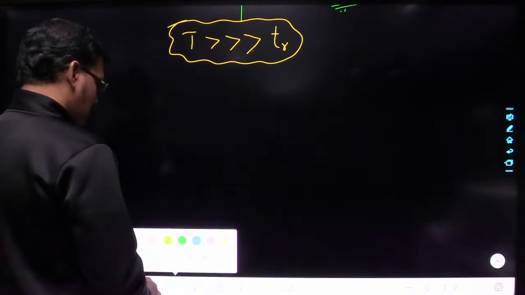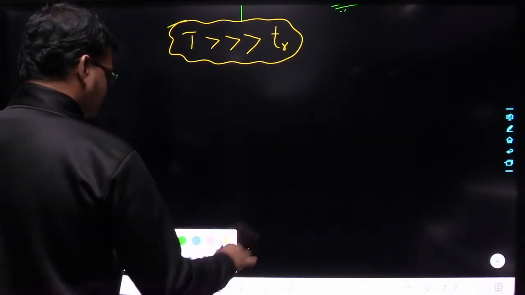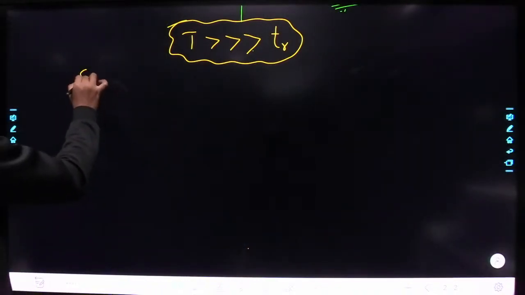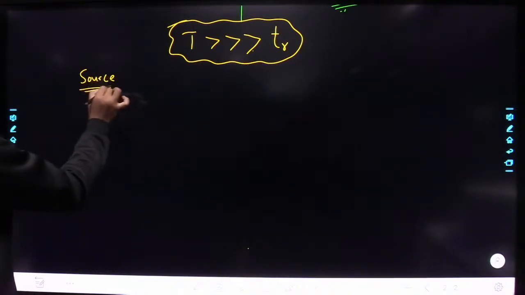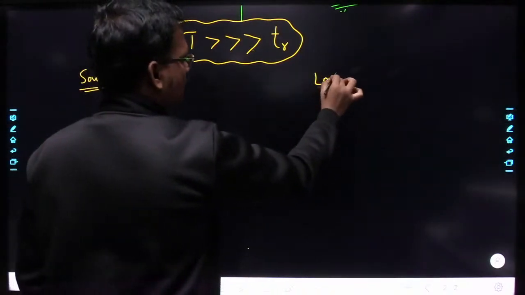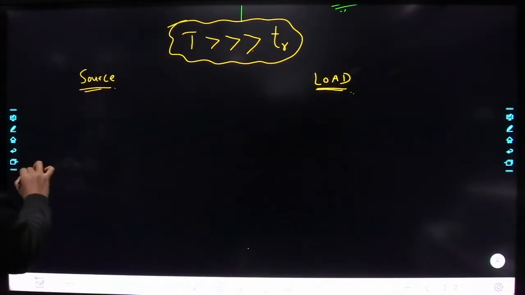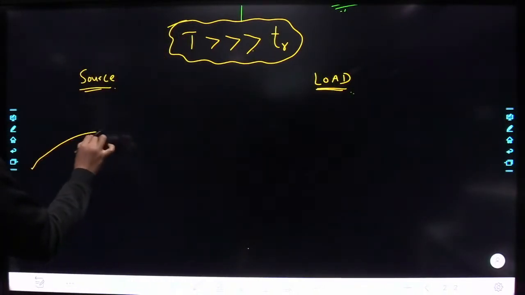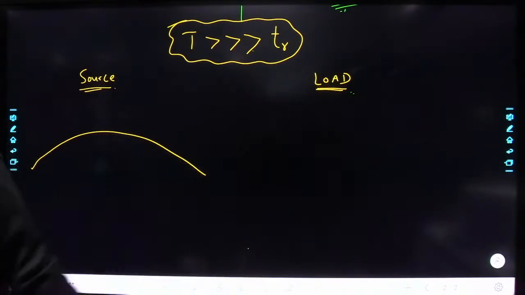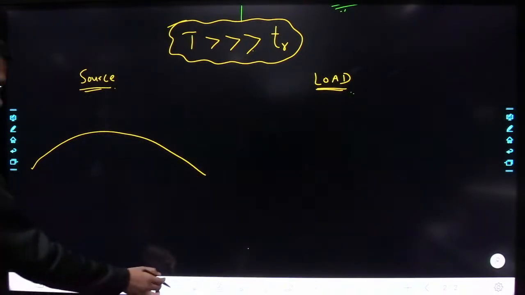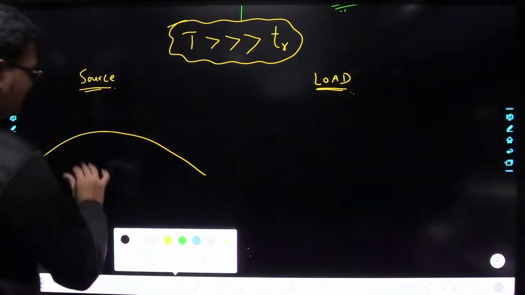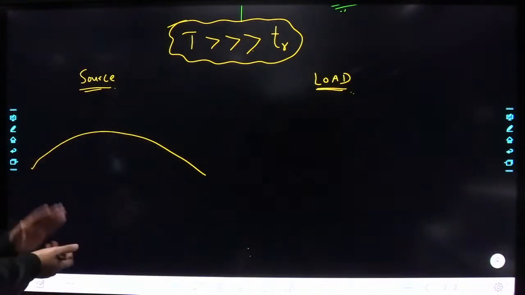Now see here, let us assume this is the source point and this is the load point. Here you are applying the signal which is varying very slowly, so the time period of the signal is very large.